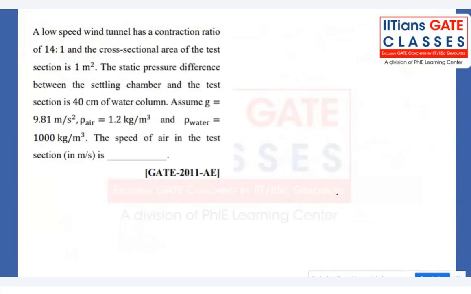Now try to solve this question. The low speed wind tunnel has a contraction area, something like this. And they have mentioned that the static pressure difference between the settling chamber and the test section is 40 centimeter of water column.